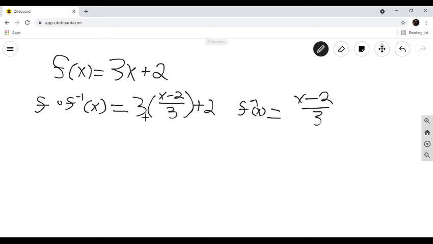So let's see what happens. Well, first thing I see going on here is that I've got 3 times something that's being divided by 3. So since we're dividing this thing by 3 and then multiplying by 3, that cancels. So f composed of the inverse is going to be now just x minus 2 plus 2.